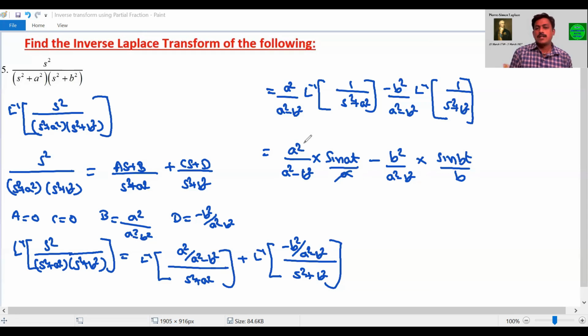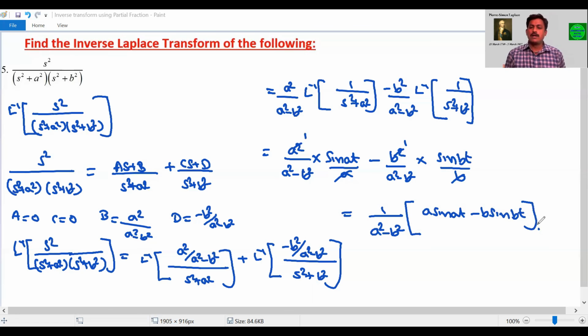Here we can cancel an a and here we can cancel a b. Here the common term is 1 by a square minus b square. The remaining term I can write as sine at minus b sine bt, which is the required answer. If you want, you can remember it as a result also.